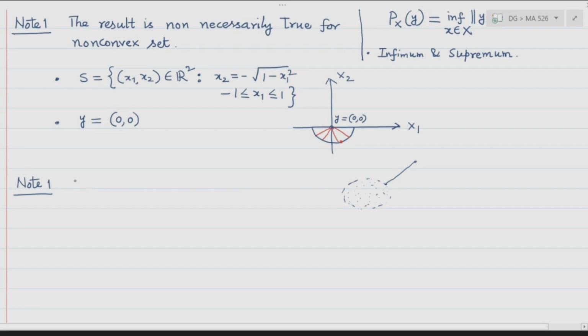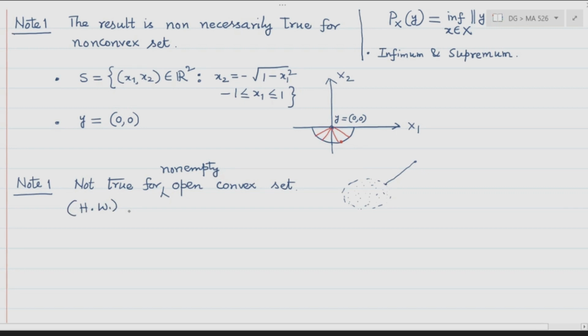The result is also not true for a non-empty open convex set. Fine. You just construct one example. I am just giving this as a home task. This is a very small example you can construct.